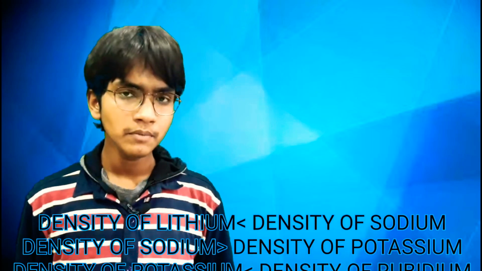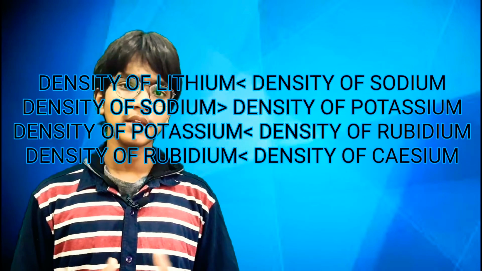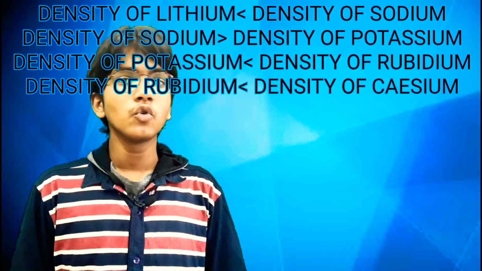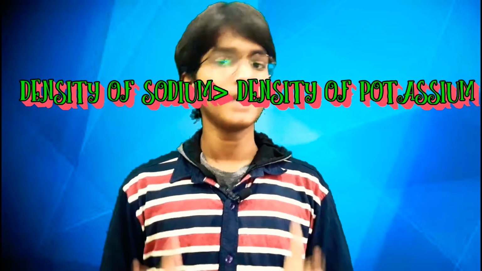When we look at the trend, the density of lithium is less than sodium, the density of sodium is greater than potassium, the density of potassium is less than rubidium, and the density of rubidium is less than cesium. All the trends are obvious except one, that is why the density of sodium is greater than potassium. In easy words, the topic of this video is why the density of potassium is less than sodium.